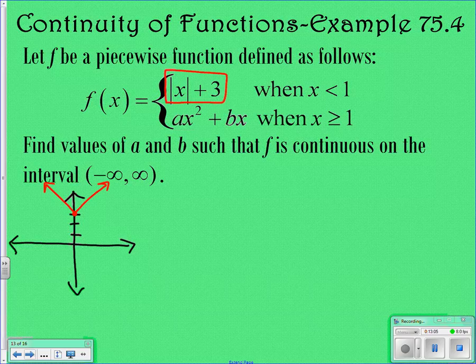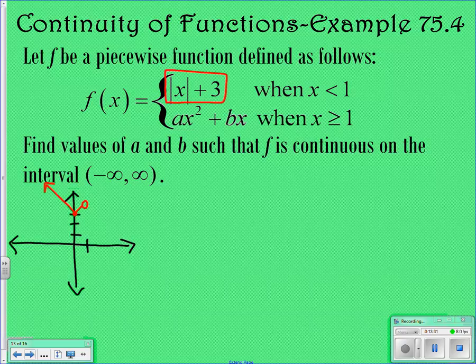And so that would be an absolute value plus 3. But it's only when x is less than 1. So I'm going to put x equals 1 right there. And so then we would have it like that. And now it is an open circle because it was just less than 1. It's not or equal to 1.